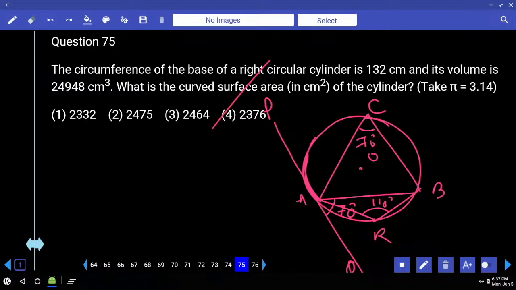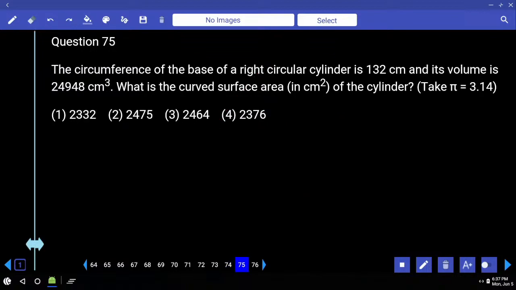Option 4. The circumference of the base of a right circular cylinder is 132 centimeter and its volume is 24948 centimeter cube. What is the curved surface area of the cylinder? Actually pi is given as 3.14, but in this question he has not considered 3.14.